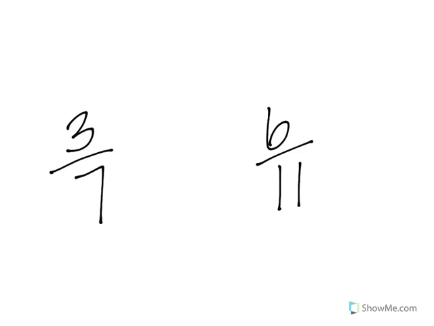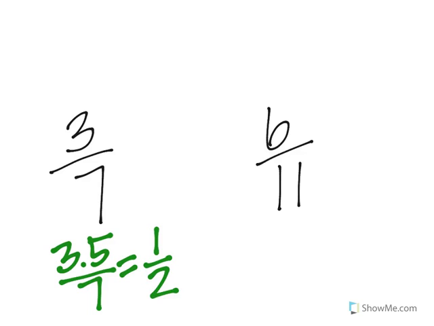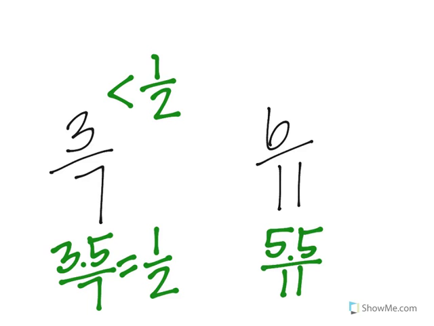And so if I do that, I can think about what a half is with 7ths. So 3.5/7 is equivalent to 1/2. That lets me know that 3/7 is really close to a half, but it is slightly less than a half. And similarly, if I think about 6/11 and compare it to a half, because it also looks really close to a half, 11 divided by 2 is 5.5, so in 11ths, a half is 5.5 11ths.